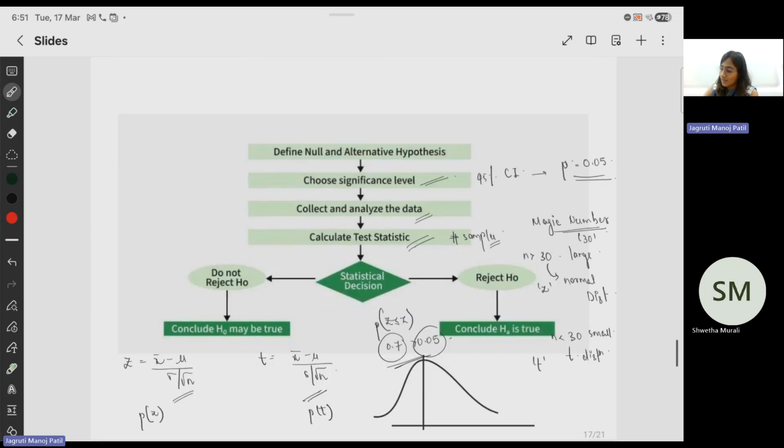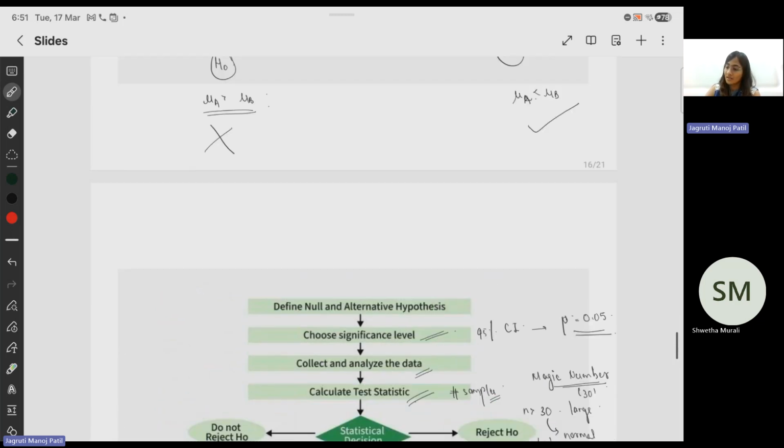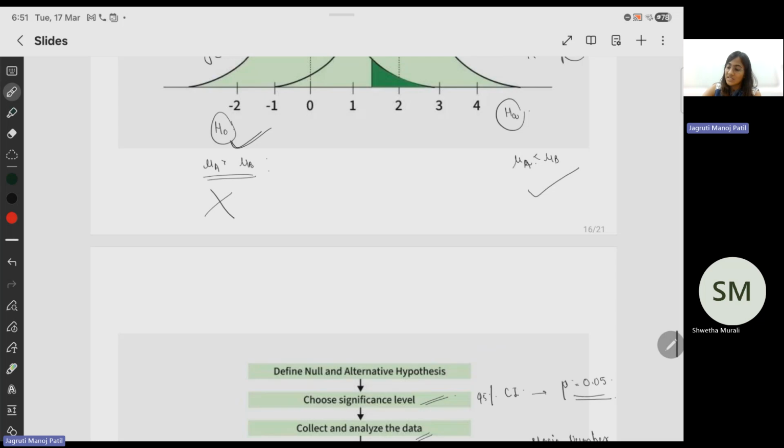This p probability is no longer less than 0.05, so I cannot reject the null hypothesis. I won't say that my null hypothesis is true. We always say we cannot reject the null hypothesis.